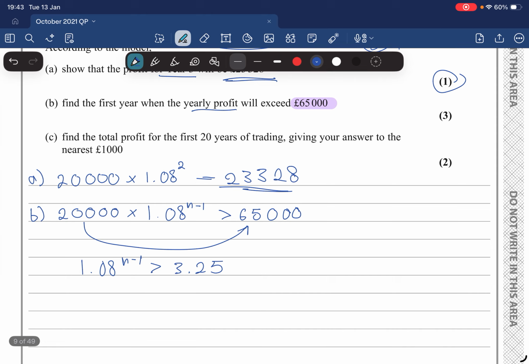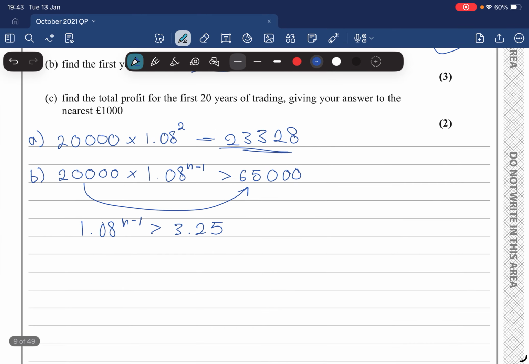Now we log both sides to drop the power down: n minus 1 times log 1.08 is greater than log 3.25.